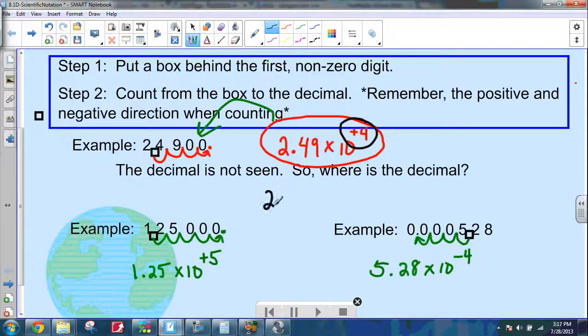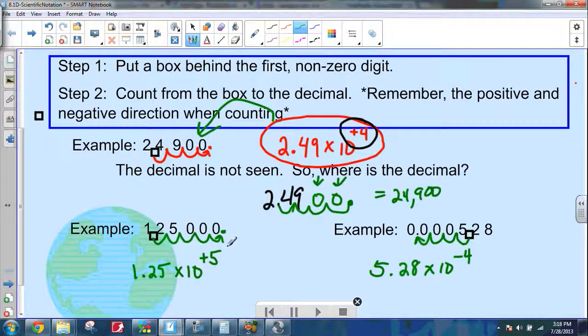So let's take the 2.49 and move it in the positive 4 direction. So that's 1, 2, 3, 4. Now our decimal is there, but we have blank place values here. So we're going to put in placeholders. And there you have it, 24,900.